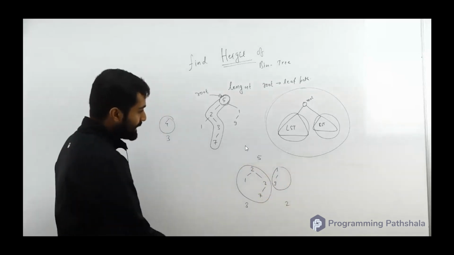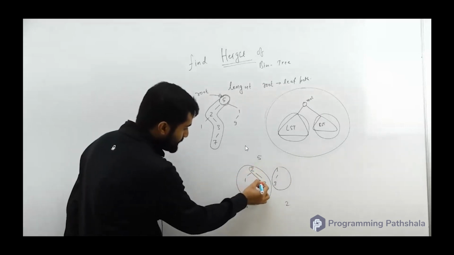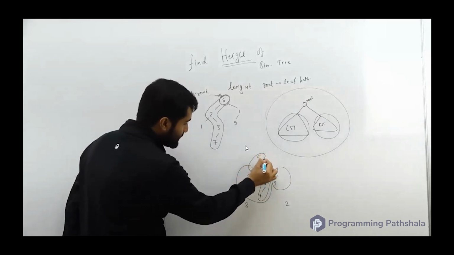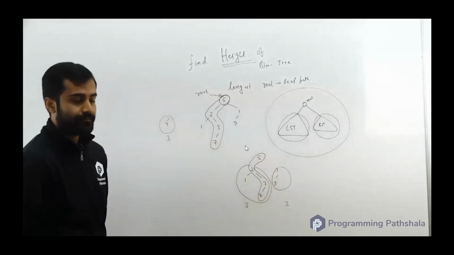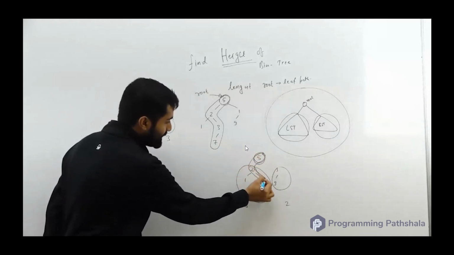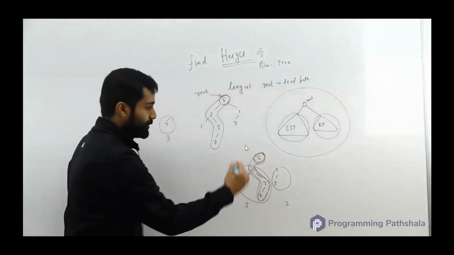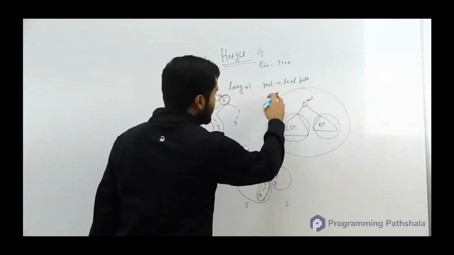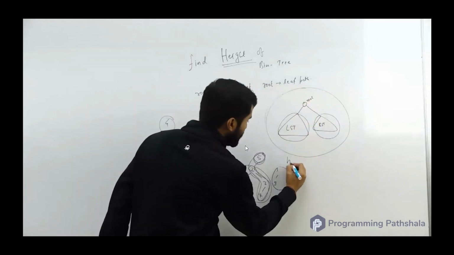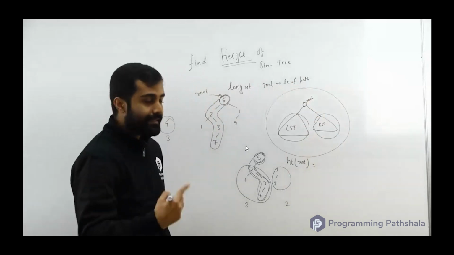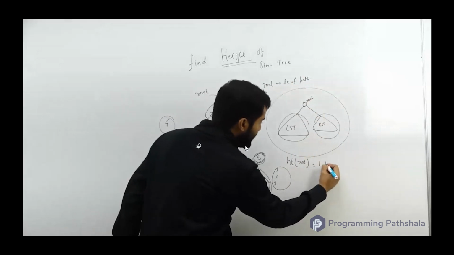Correct? So I would say that, hey, along this thing, if I further include that thing, then my job will be done. So this is the contribution of your root, and this thing is nothing but the height of your left subtree. So I can say that the height of the entire tree which is rooted at this root, if I write it in this manner, is equal to 1 plus, why 1 plus?